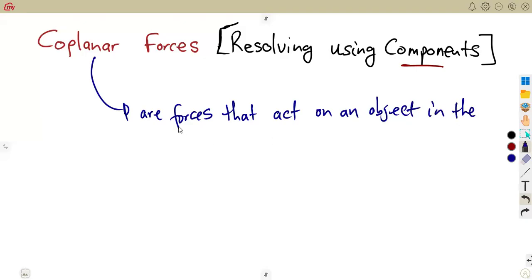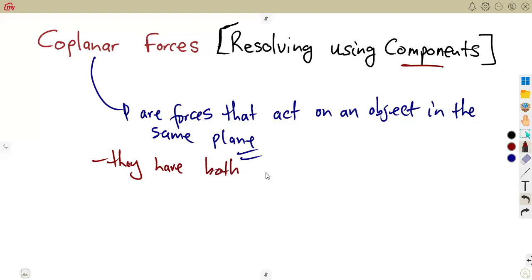All right, in the same plane. So what actually happens is that we are going to be having the magnitude of that force and also the direction. So actually they have both magnitude and direction.